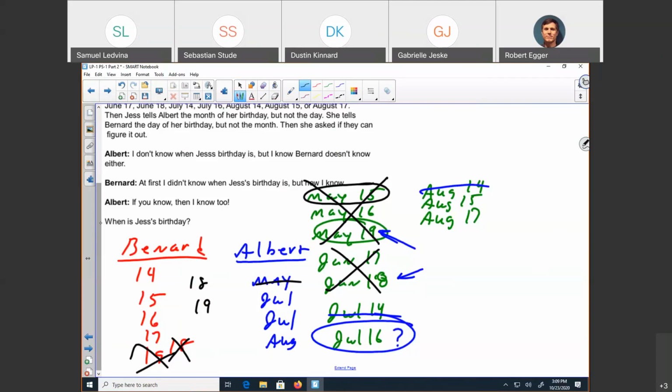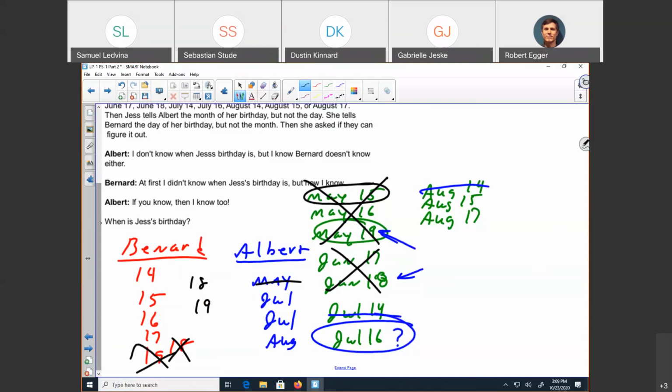If the month was August, 14 was either August or July, 15 was either August or May, and 17 was either August or June. So a single date alone wouldn't help you.